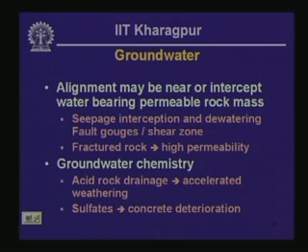If you have acid rock drainage in sulfide bearing rocks, that could lead to accelerated weathering of the rock near the wall of the tunnel, and consequently reduction of rock strength. Sulfates are another problem, because if you use concrete lining in a tunnel where groundwater is sulfate rich, then the concrete may deteriorate.